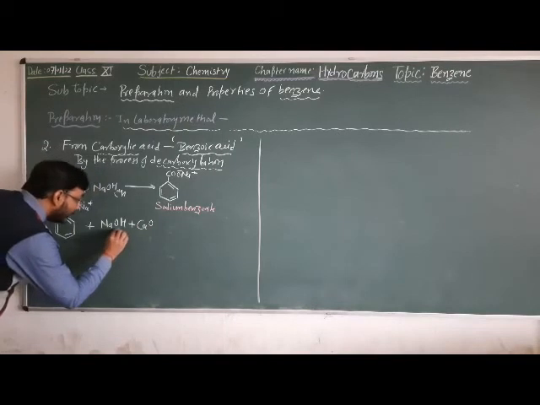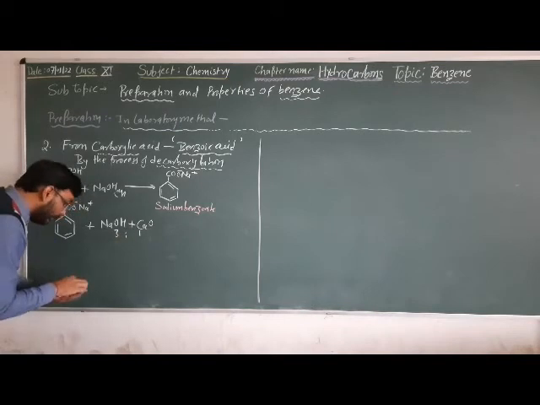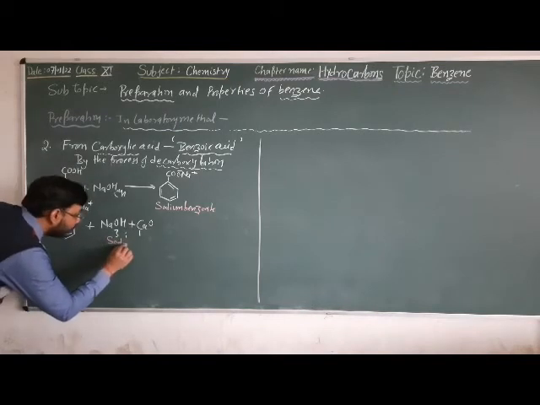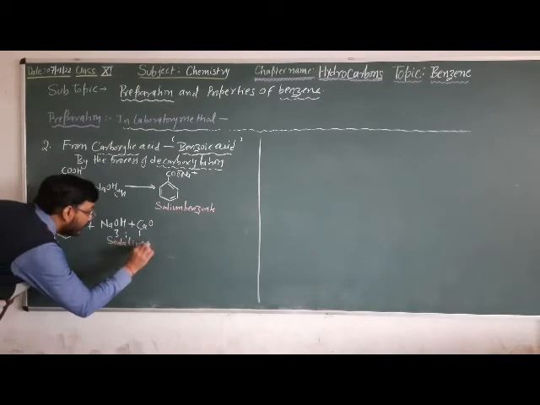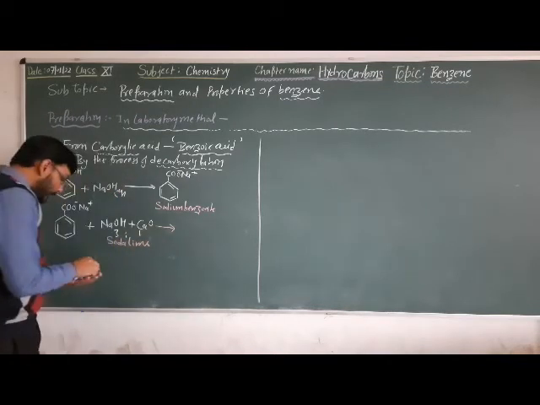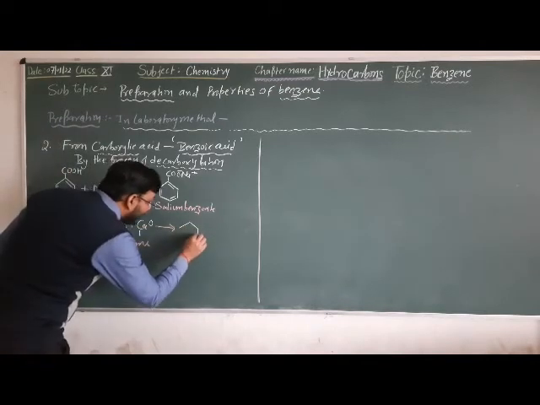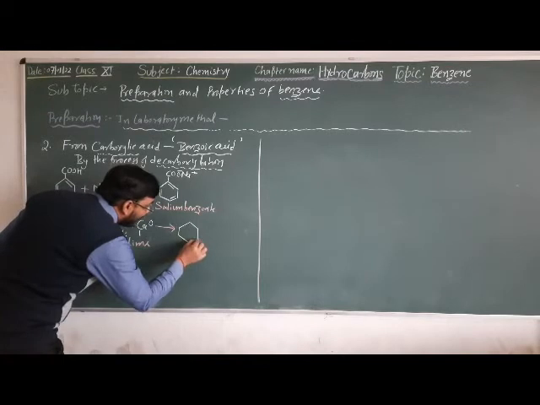The mixture in the ratio 3:1 of sodium hydroxide and calcium oxide is commonly known as soda lime. It will give us benzene, a beautiful compound.